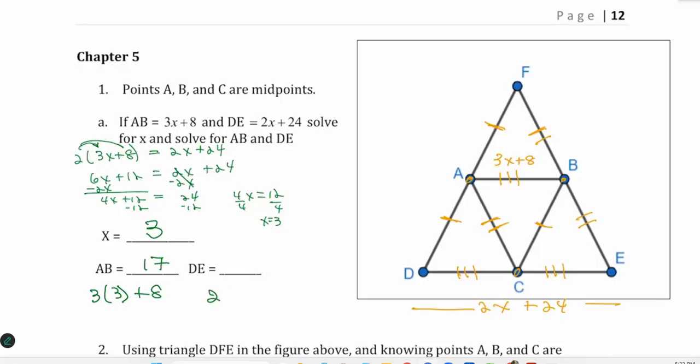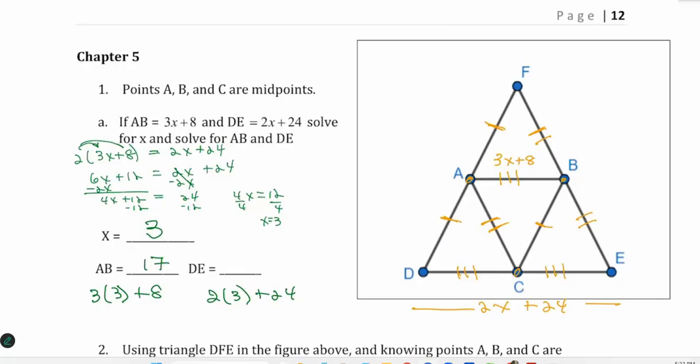And then DE was 2 times the 3 plus 24. I'm just plugging this in. So that's 6 plus 24. Hold on, did I not do that correctly? Something is wrong. Let me stop for a second and see if I can find my mistake.